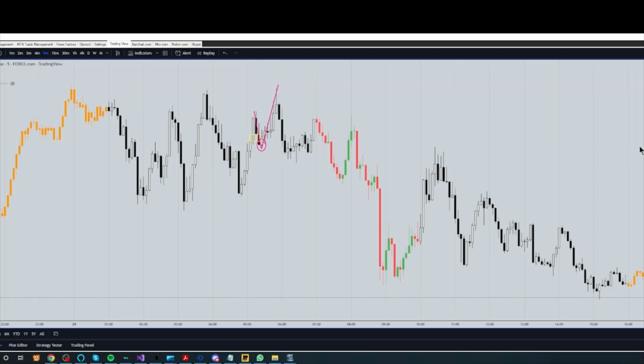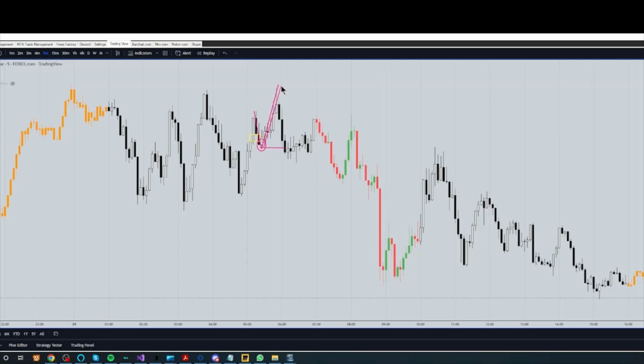So as price comes back down, this candle takes out the swing low, so that's our breaker, and that forms the beginning of the market maker sell model.